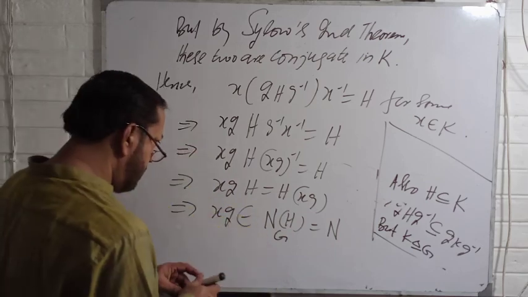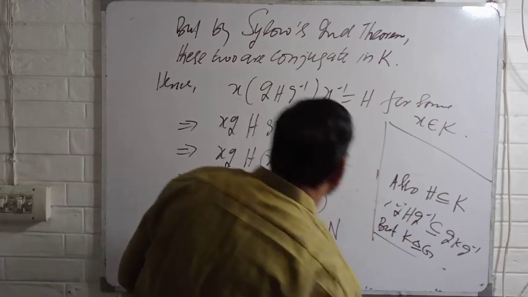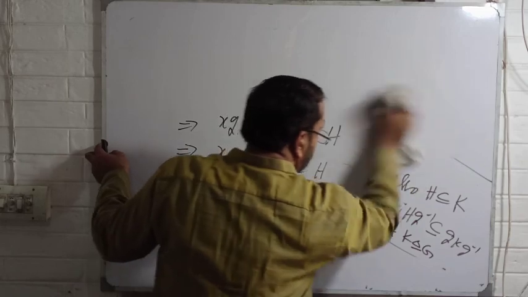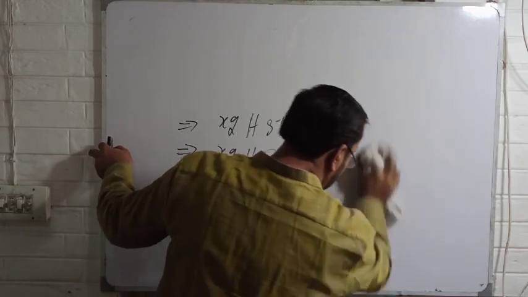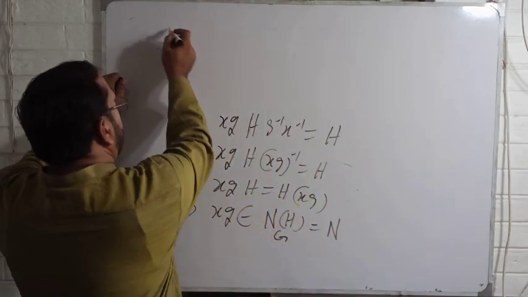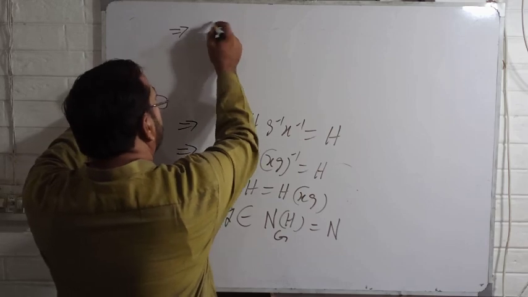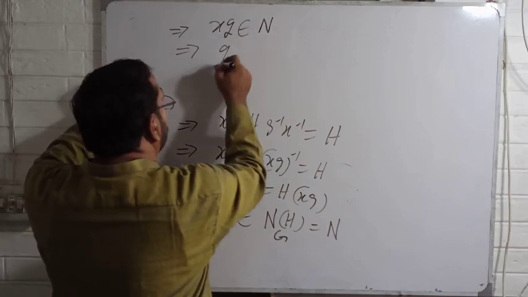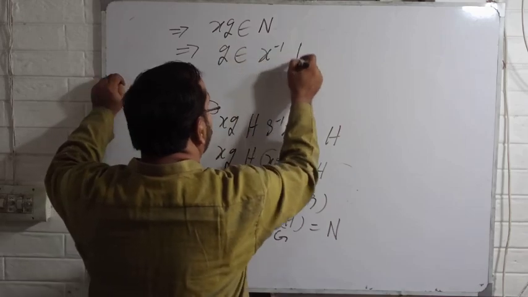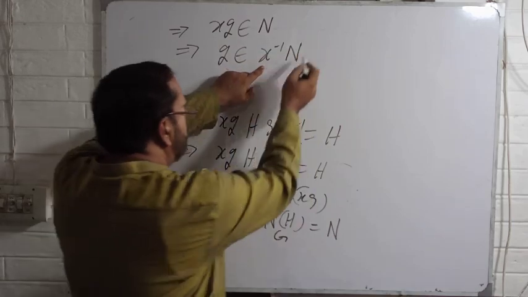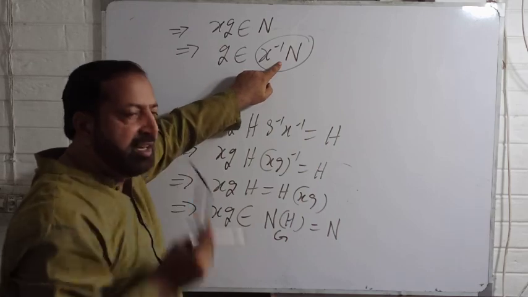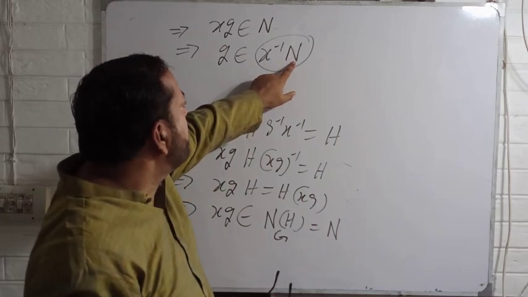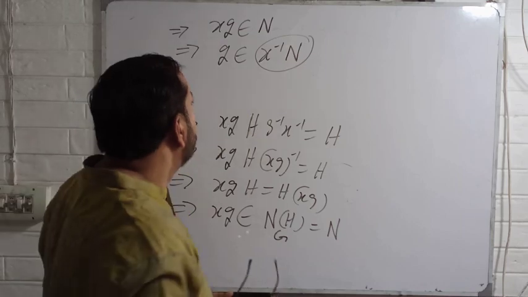So this shows that xg belongs to capital N. This implies g belongs to x inverse N. Now, you see, this is a left coset, and x inverse is an element of capital K, and this is an element of capital N, right?